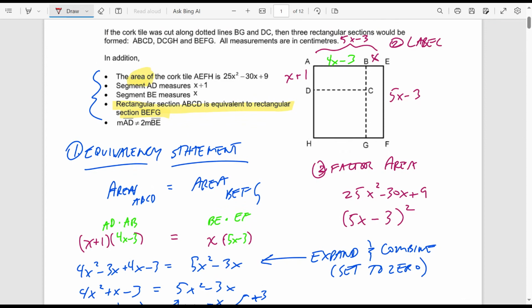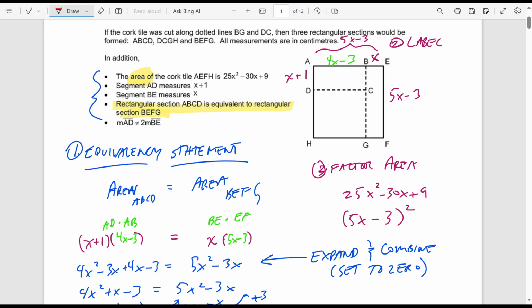If x is 1, then AD right here is going to be 1 plus 1, which is 2. If x is 1, BE is also going to be 1. So where does this come into play? Measurement AD cannot be equal to 2 times BE.